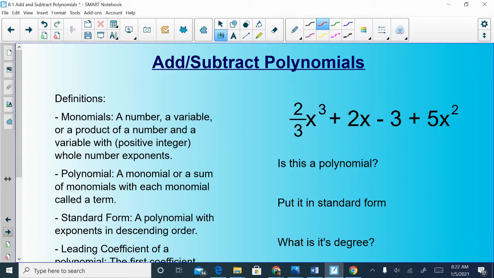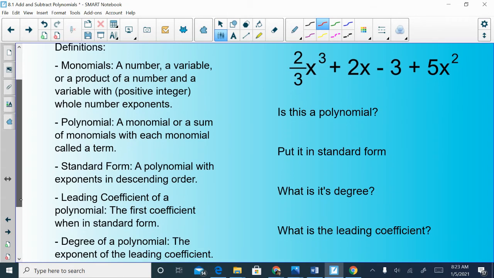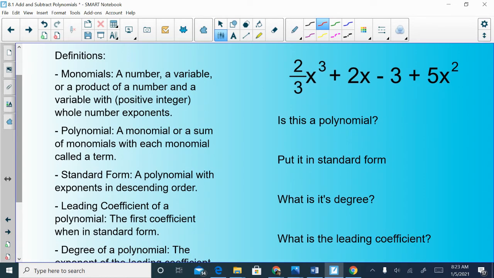So your first homework set, basically one problem asks all of these different questions. Is this a polynomial? And they're going to get a little bit maybe more difficult, like this one. Is this a polynomial? Are we allowed to have 2/3 or a fraction as a coefficient?